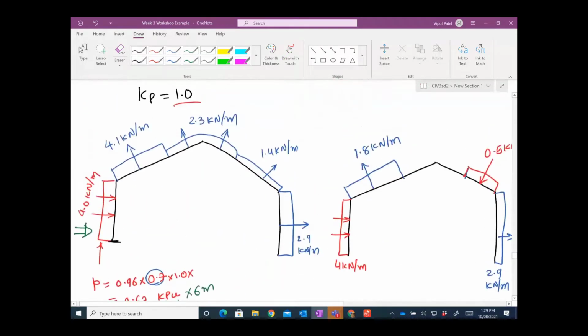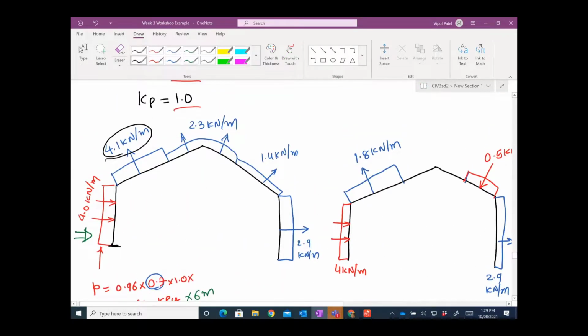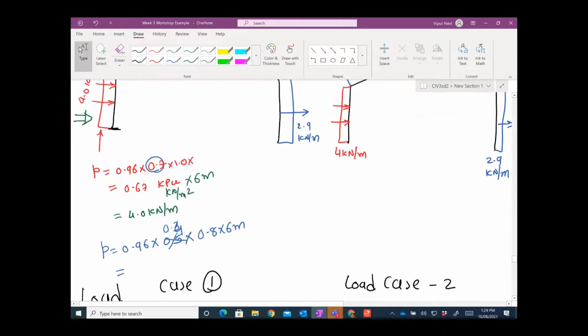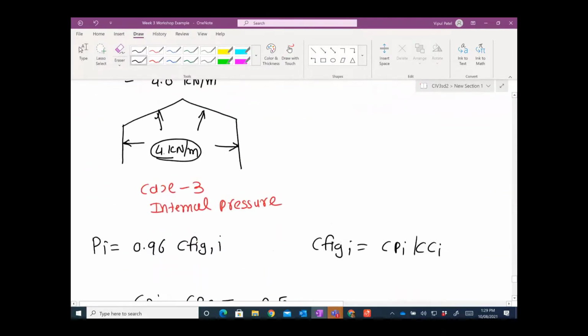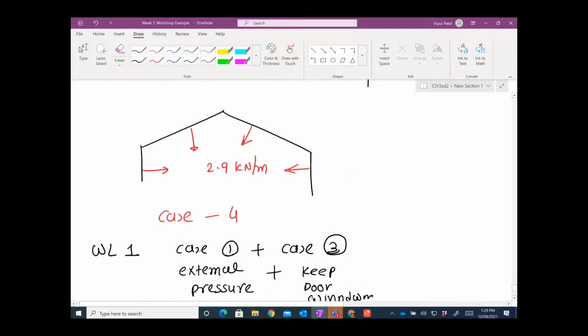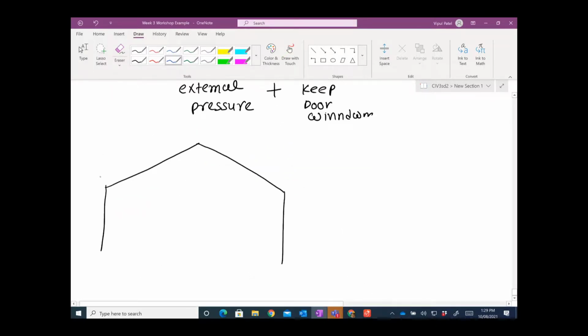Case number 1. The roof is 4.1 going up in this direction, and you have 4 also going in this direction. So 4 plus 4.1 you will get 8.1 kilonewton per meter, right? I hope you understand these combinations.